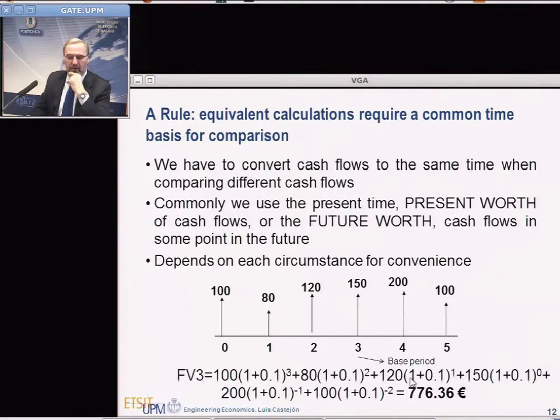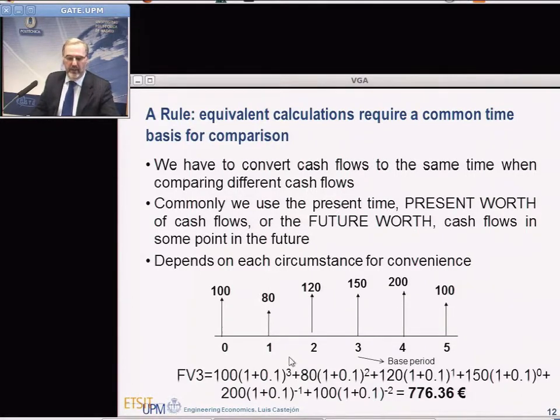What is the result of moving future cash flows to present value in the past? For example, the cash flow in year 5, 100 euros, we are going to discount. This is the future value, and we are going to calculate the present value.